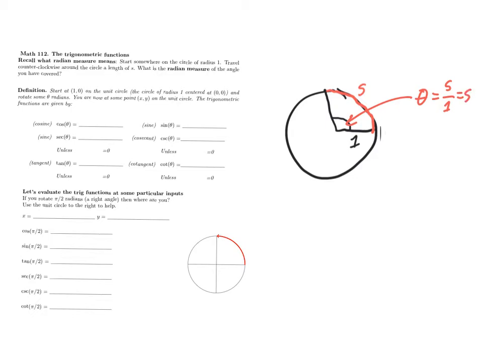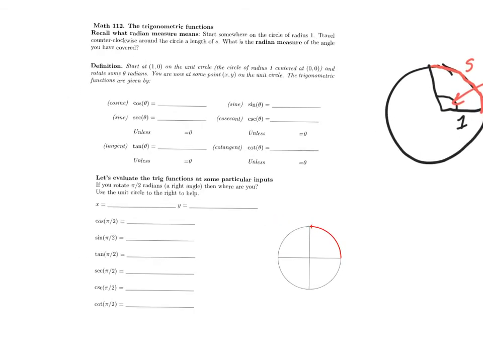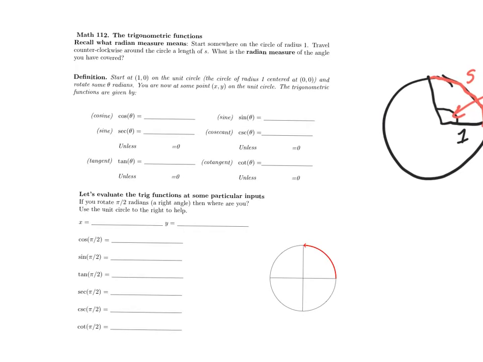So the radian measure of an angle is just the arc length of that angle if you put it inside a circle of radius 1. So there's a recall of angle measure. That's how I'll feed most of my angles.